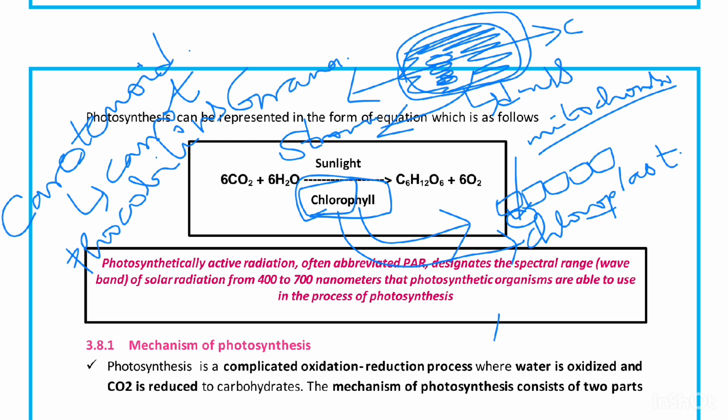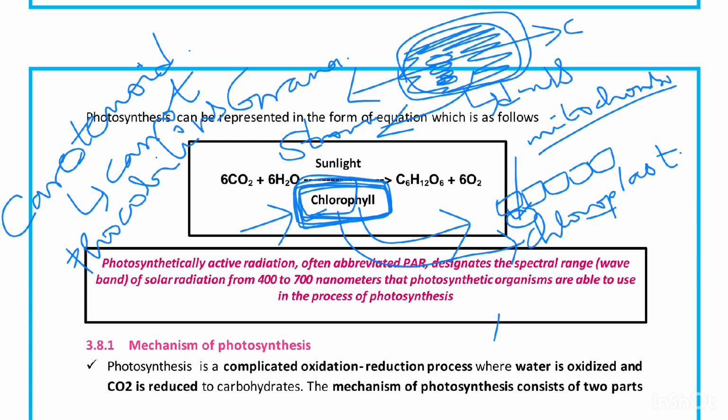Now, why we are discussing chlorophyll in this much detail is that this is the pigment which is capturing the sunlight. I have told you that plants capture the sunlight of visible rays, that is 400 to 700 nanometer. But how do plants capture the sunlight? Due to the presence of this pigment chlorophyll.